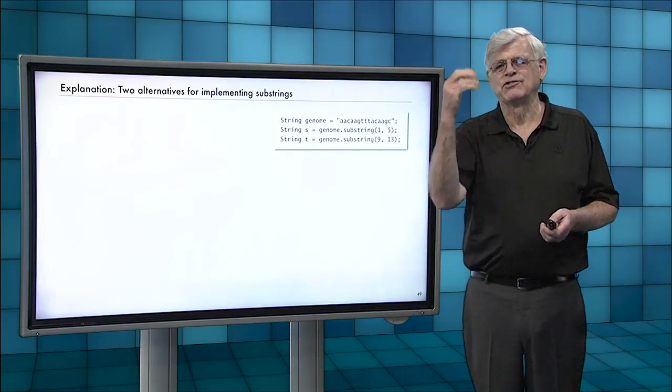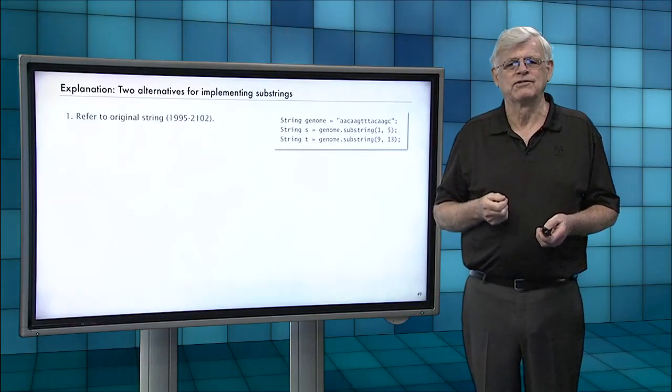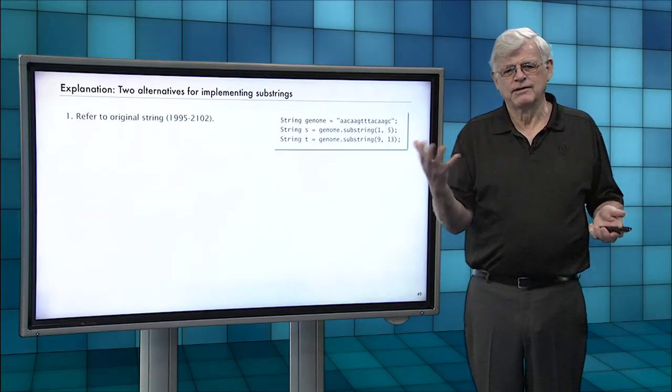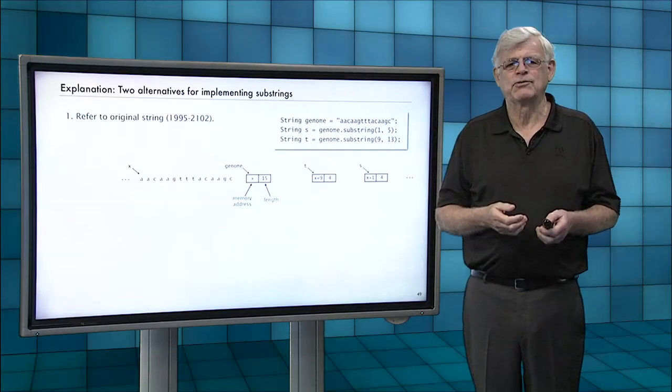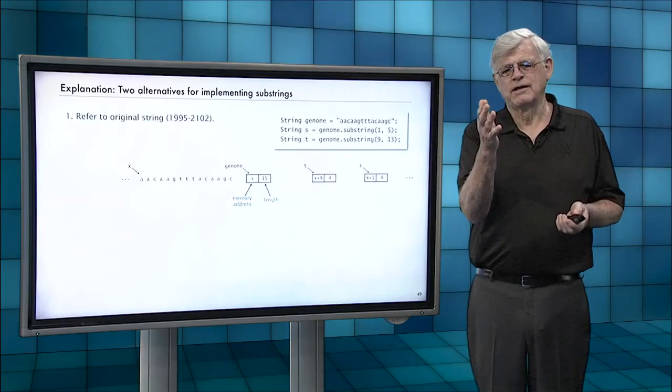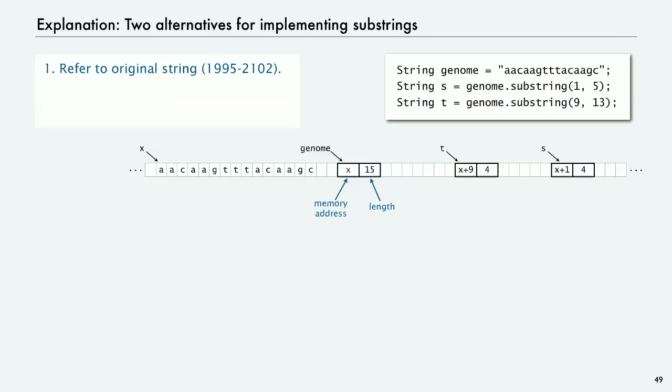So let's say we have this string and there are 2 substrings. The way that it was done in Java up to 2012 was that substrings were created by reference to the original string. So if genome is our original string, then the actual string would be at some address X, and that memory address would be part of the data associated with genome along with the length.